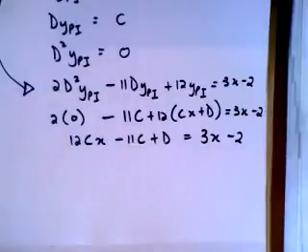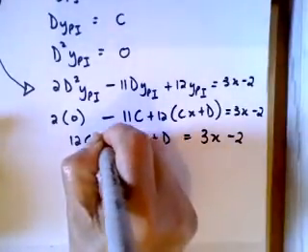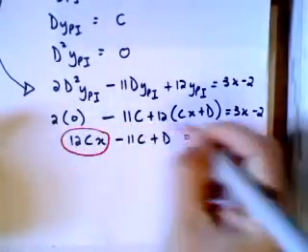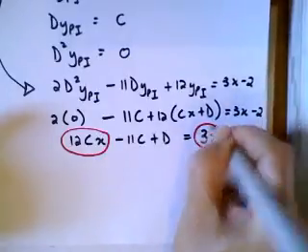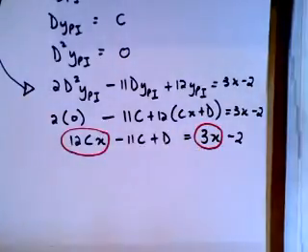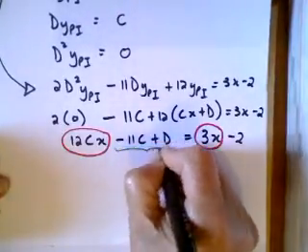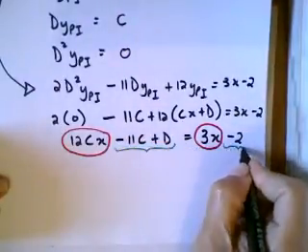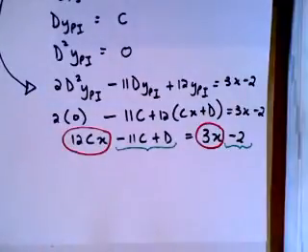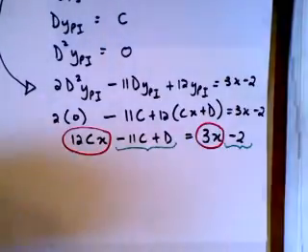So the x terms must be equal to one another, right? It means all your constant terms, so this one here, must be equal to -2. And we can use that to our advantage to find our constant values.